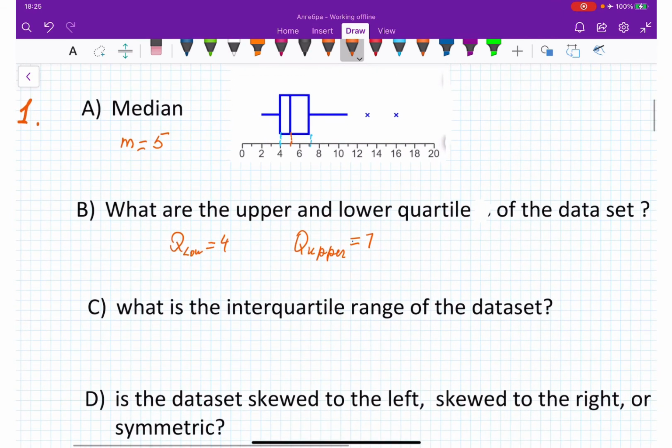How about the interquartile range? Interquartile range is equal to Q3. Let me mark down here. Q3 is the upper. I can put it this way.